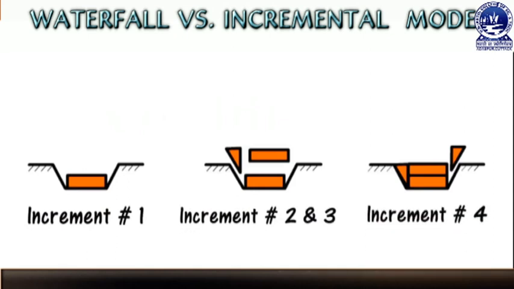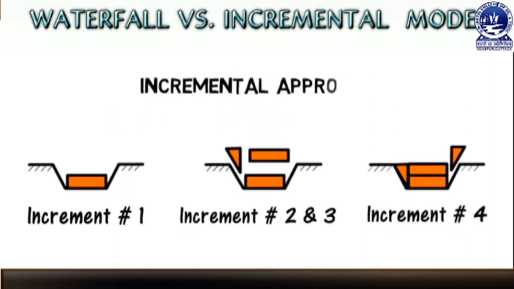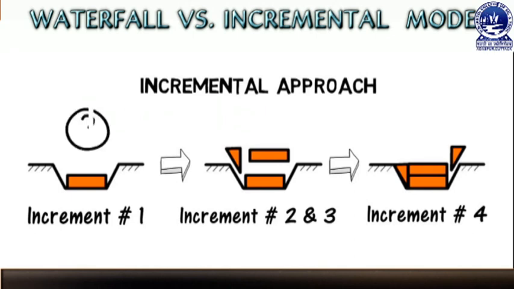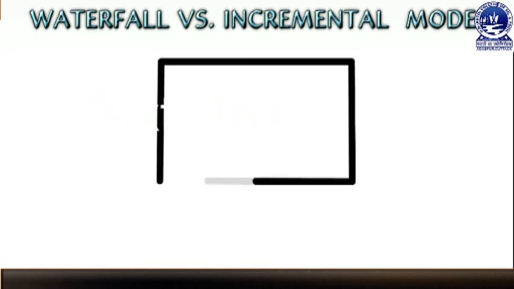Here, the customer does not have to wait until the end of the project. Customers can start using the increments and give feedback towards the completion of the project. Therefore, even though we did not know the dimension to start with, we could fill the gap with the incremental approach.